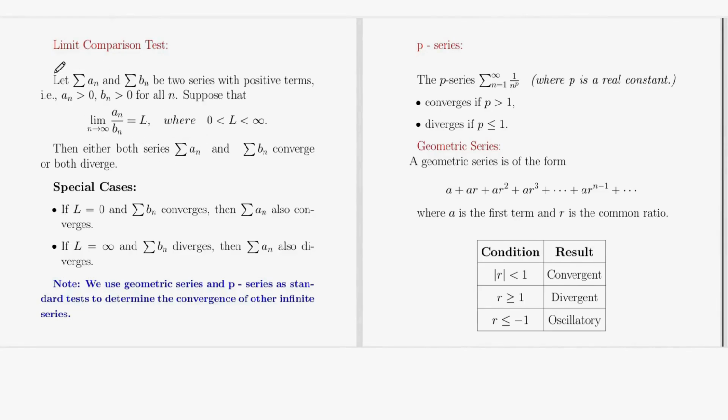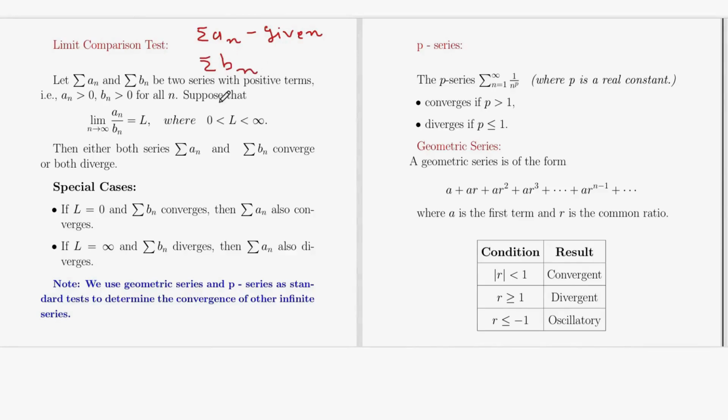So, how to apply this test? For this, step 1, first of all, series AN is my given series. Now, for this given series, find another series BN. What type of series is BN?